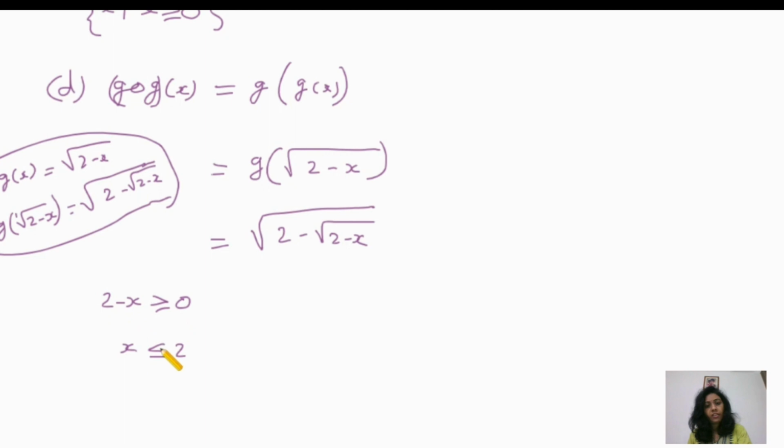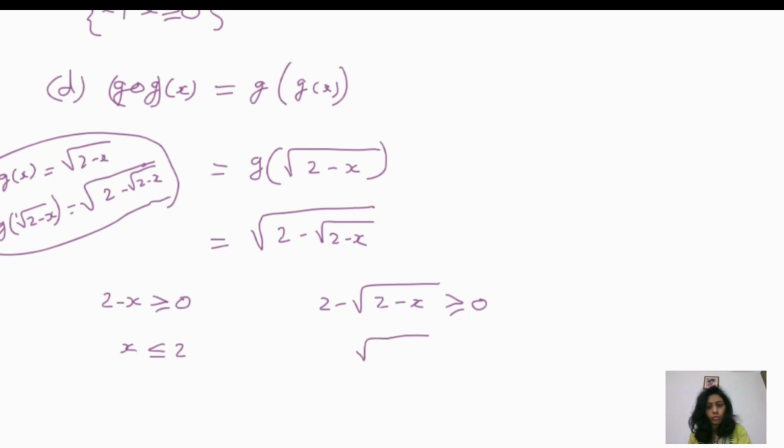So the inequality sign changes and we get this one. And this whole thing, because this is also a square root, even power, so this whole thing is also greater than or equal to 0. So 2 minus x is greater than or equal to 0.